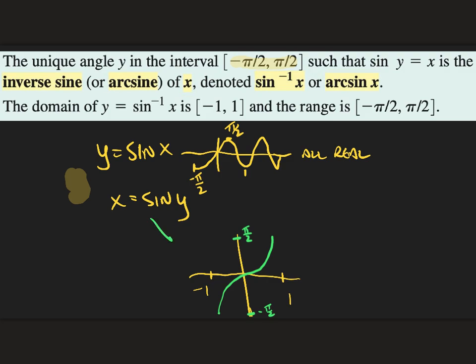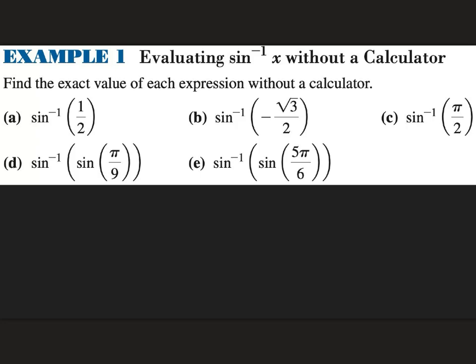So this is the sine inverse of x. These equations amount to the same thing. Or in some books, arc sine of x. And you get this by hitting second sine on a calculator. Okay, so let's look at some examples.